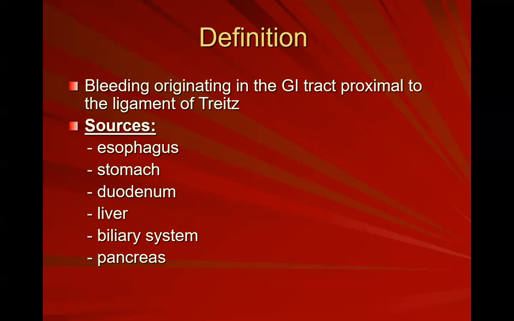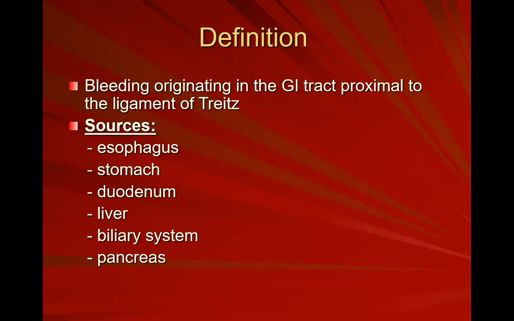It's dividing the intestines: above that ligament is the duodenum, and below it there would be the jejunum and ileum. So bleeding in the duodenum gives upper GI bleeding signs, and in the jejunum and ileum you would expect lower GI bleeding.